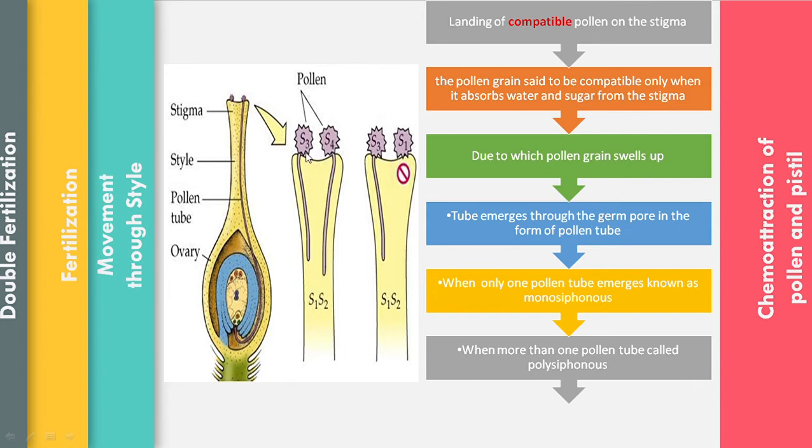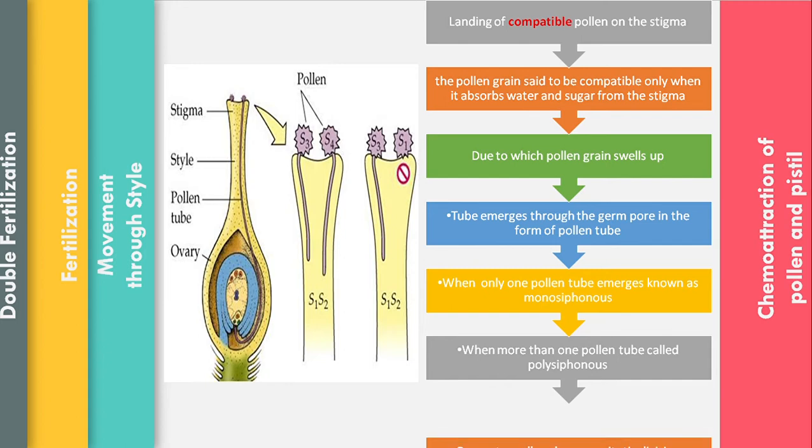The pollen grain absorbs those chemicals, due to which it swells up, and the vegetative cell forms the pollen tube, which emerges from the germ pore, enters the stigma and enters the style. Fine. And when the pollen tube is there, what happens? The generative cell divides mitotically to form the two male gametes.